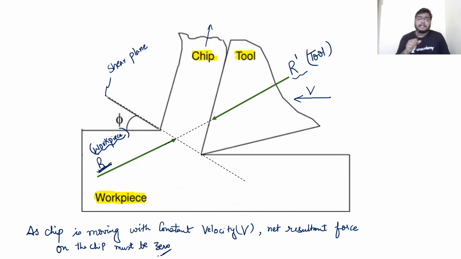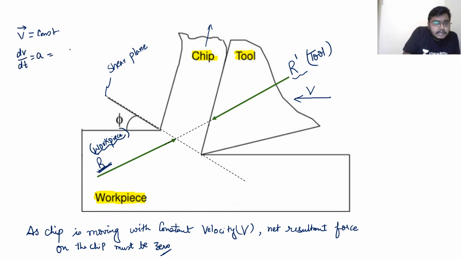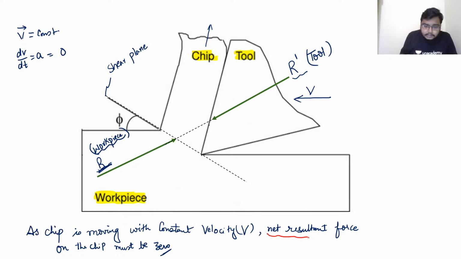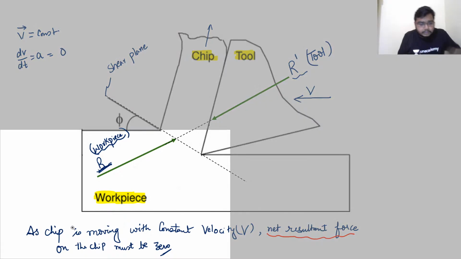Since we are assuming that the chip is moving with constant velocity, then velocity is equal to constant. Then sir, dv by dt is the acceleration, and the acceleration would be 0. Clear? So in this case, the net resultant force on the chip will be 0.